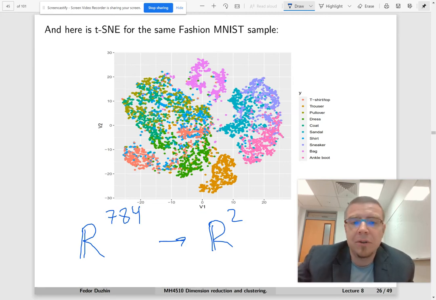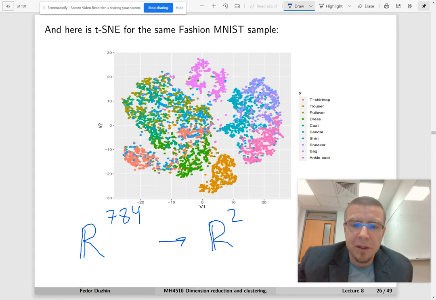And now we see that there is a nice structure here, and just looking at this, even knowing just these two dimensions, we probably would be able to predict the label of an image quite well, right?